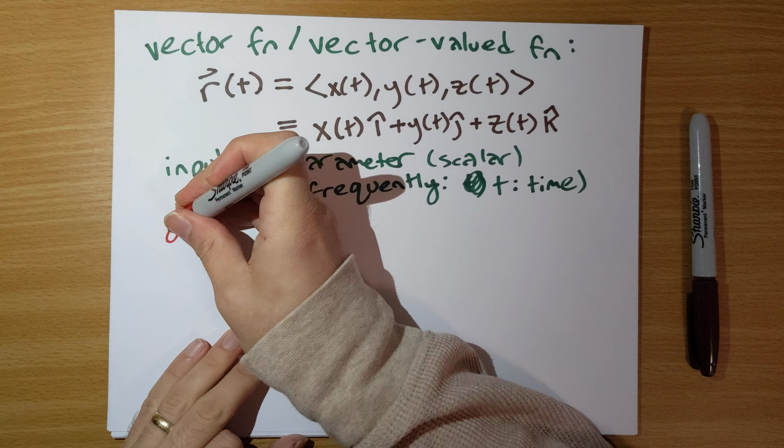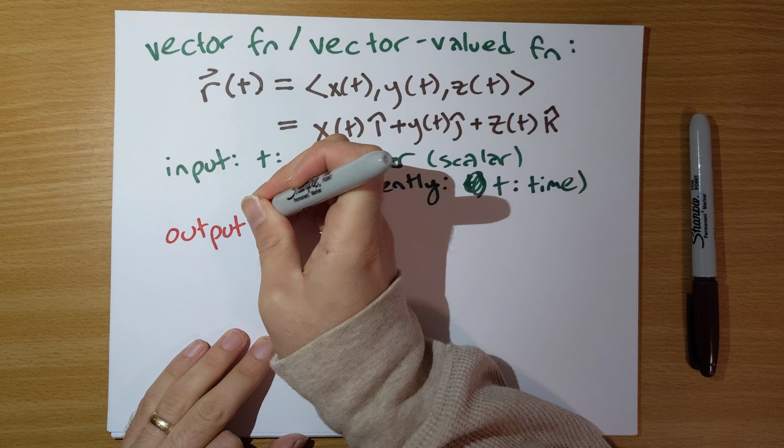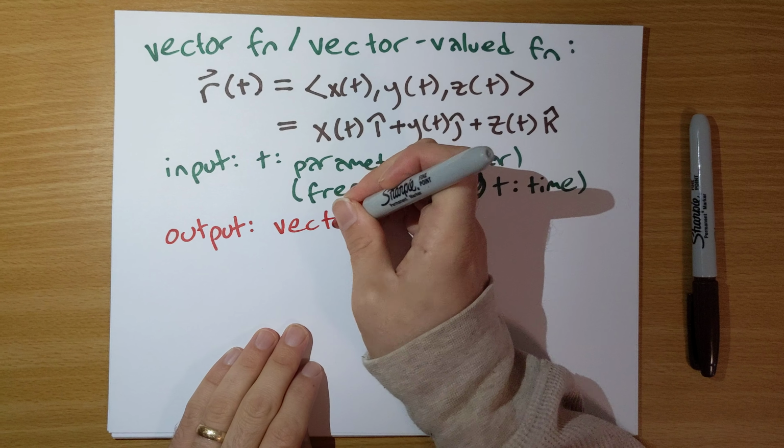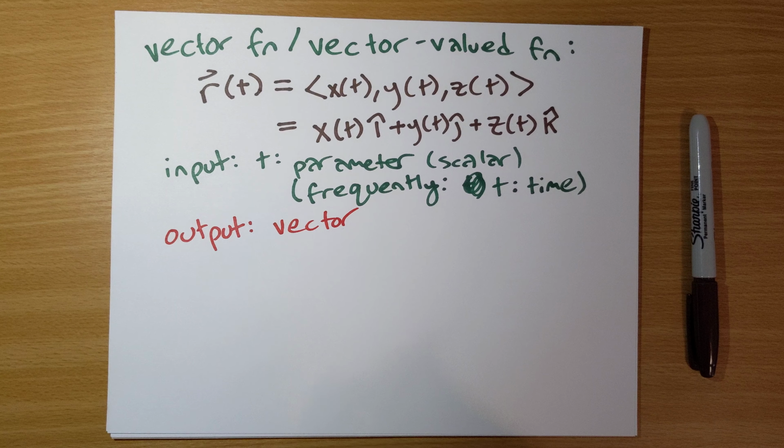And then the output that we get from our vector function is a vector. We're going to have this entire chapter on vector functions. Actually, we've already seen vector functions in the last chapter.